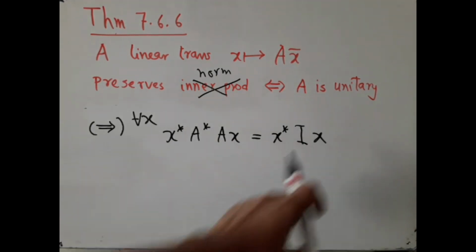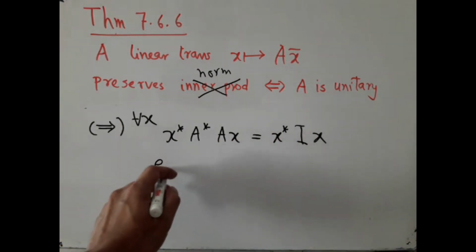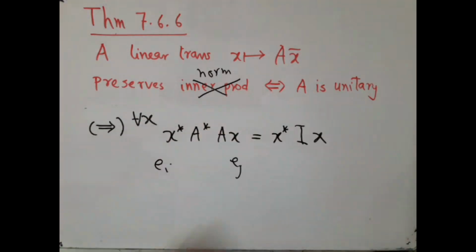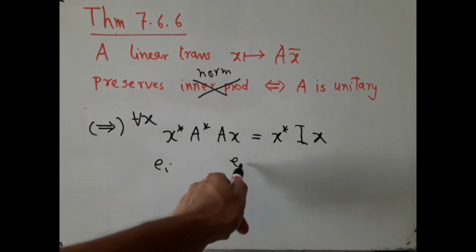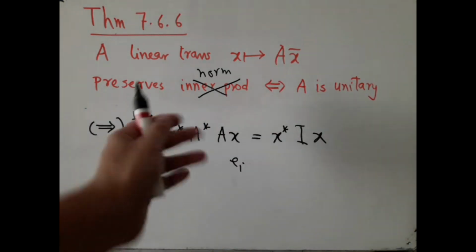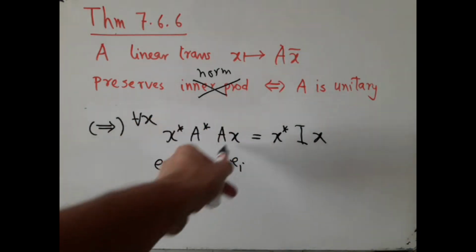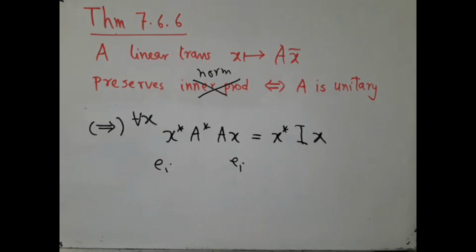So I could put e_i here and e_j there, or e_j or e_i, and say that the ijth elements match. But in this case, I am forced to put e_i in both places. Now with this, I can easily show that the ith diagonal entry here must be the same as the ith diagonal entry there, but that's not enough.